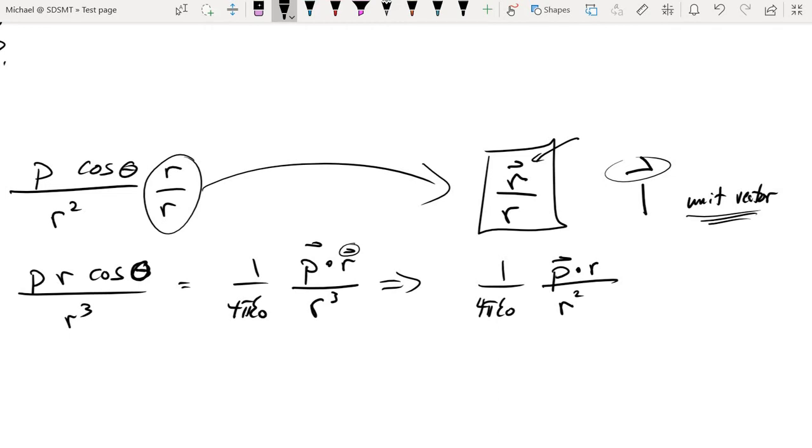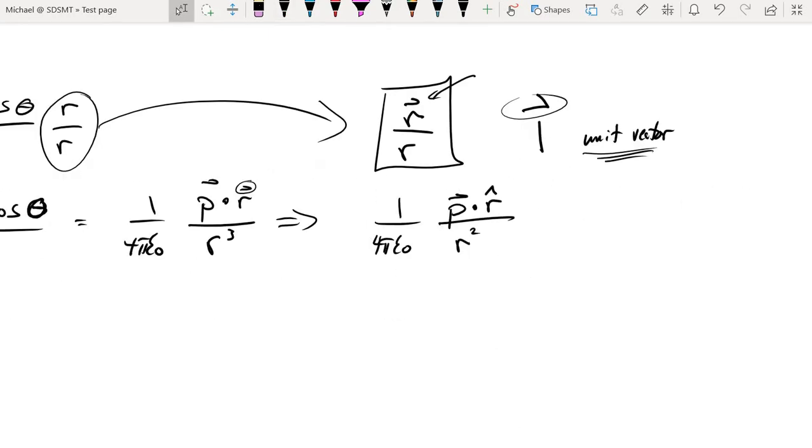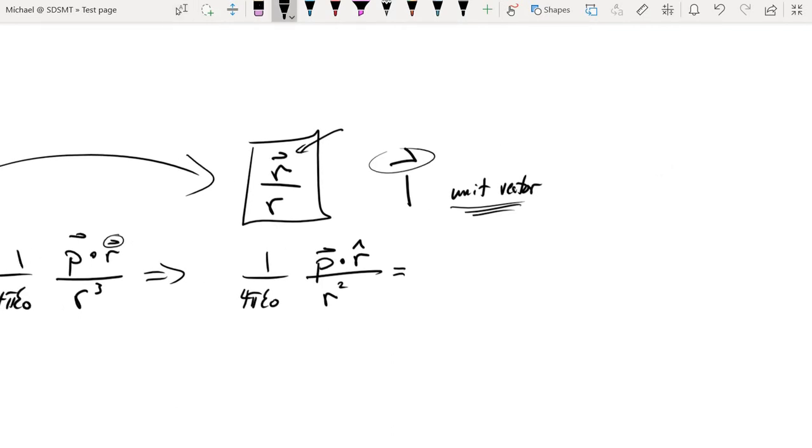And the way we'll do that is we put a little caret over the top, and this tells us that we have a unit vector. So that R value is understood to be a unit vector. And now watch the magic of mathematics as it unfolds.